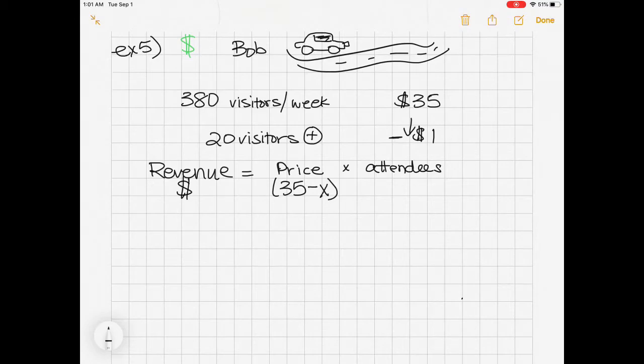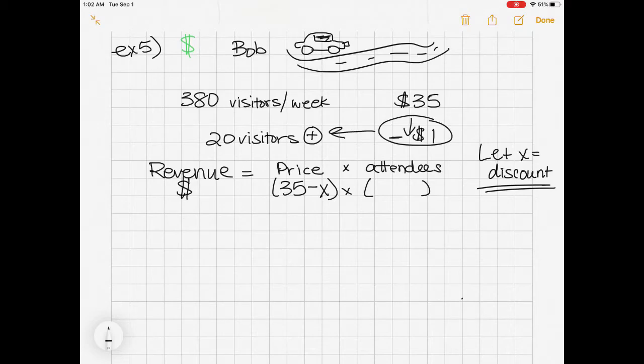How much should we decrease? We're going to say let X equal the discount, or how much we're discounting the original price. Now, we do know that every time we reduce the price by $1, Bob figures out there are 20 more visitors.